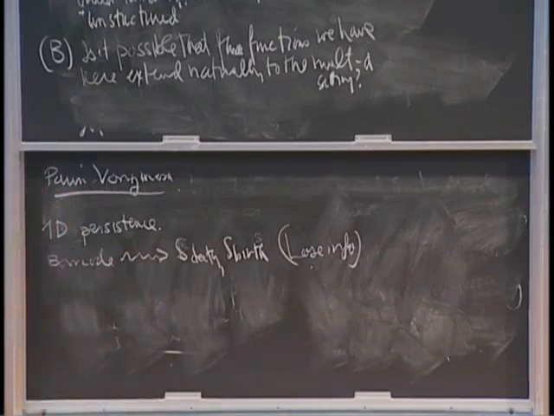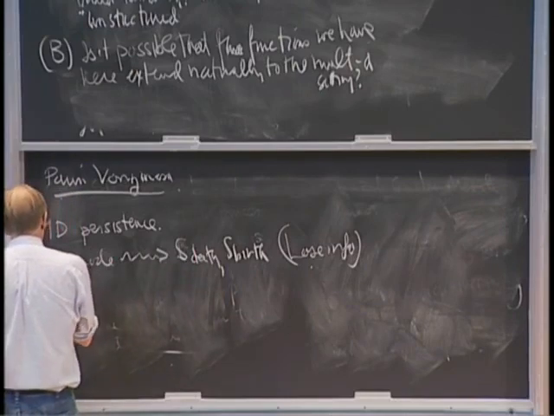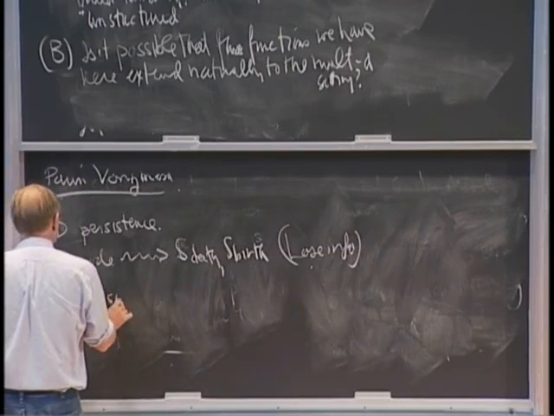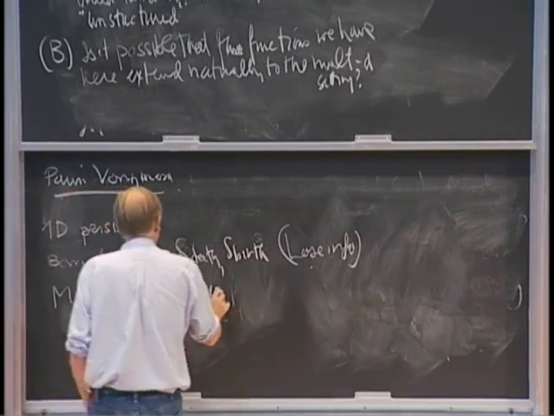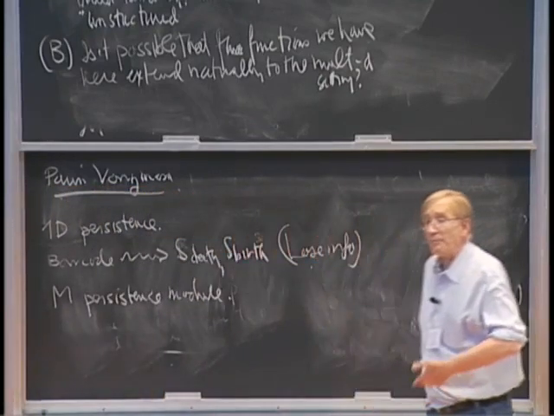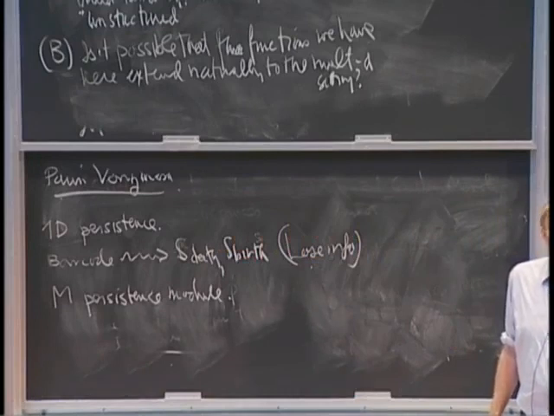Now, what Pavin proved was the following. He said, look, let's do this. Let's start out, so M is a persistence module. Now, when I have a persistence module over any ring like that, I can build its exterior powers.